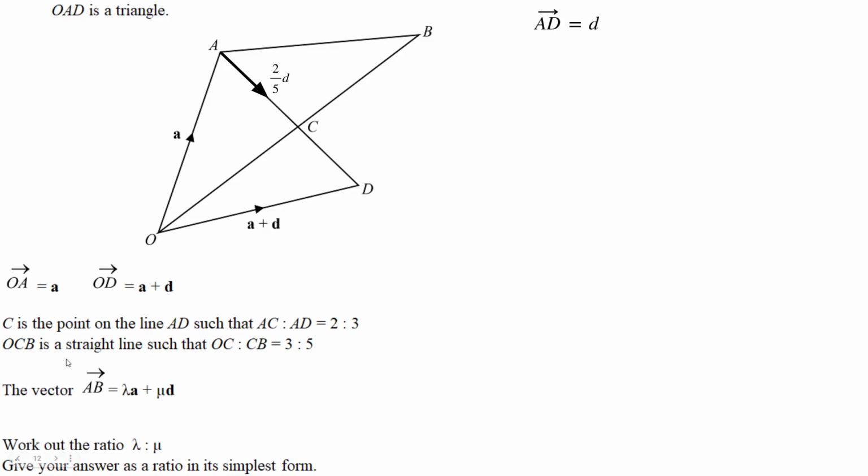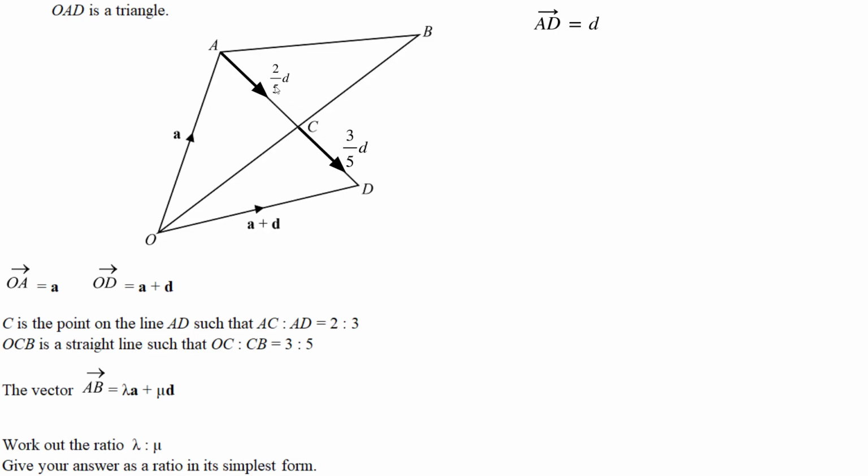Okay, and OCB is a straight line such that OC to CB is 3 to 5. So OC is going to be 3/8 of this full line, because it's 3 over 3 plus 5. If this full line is 8 parts, and this is 3 parts, so it's 3/8. You can also work out this one, because if that's 2/5, that's 3/5, obviously.